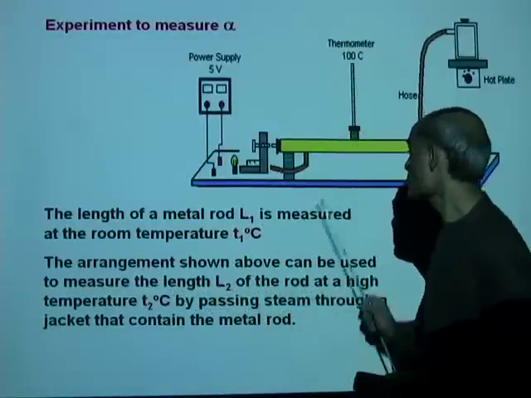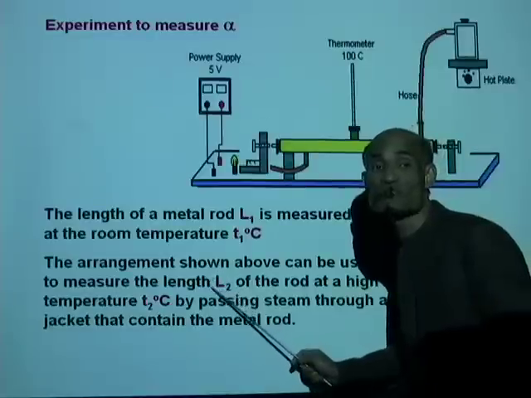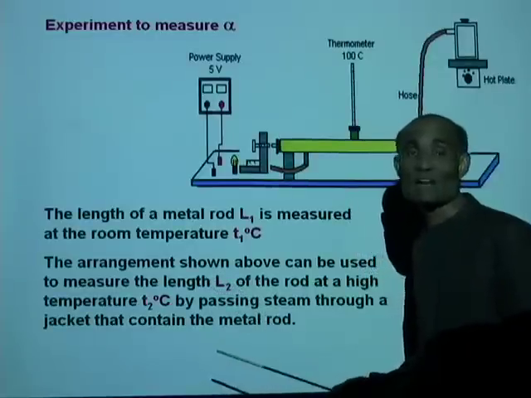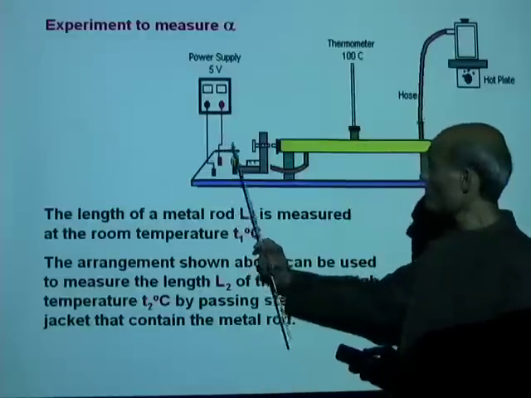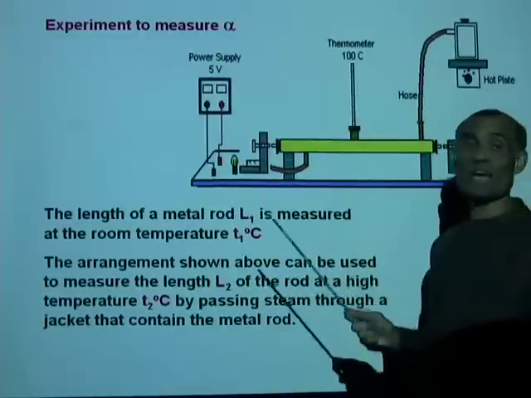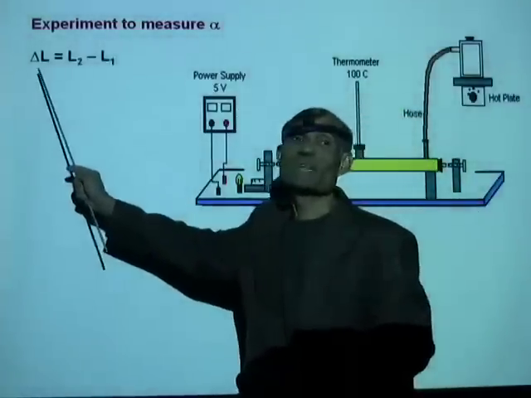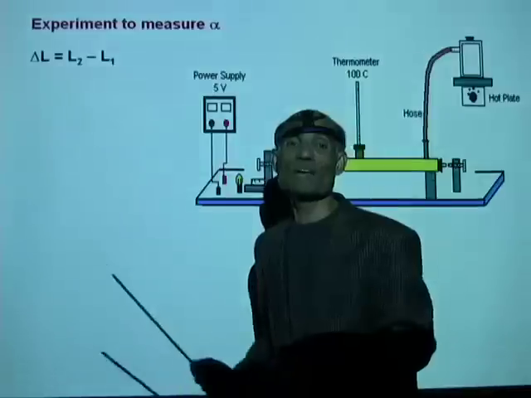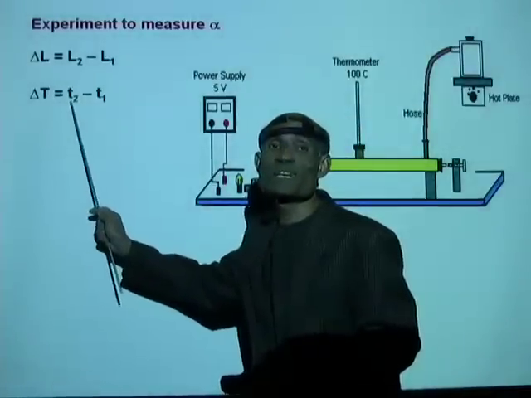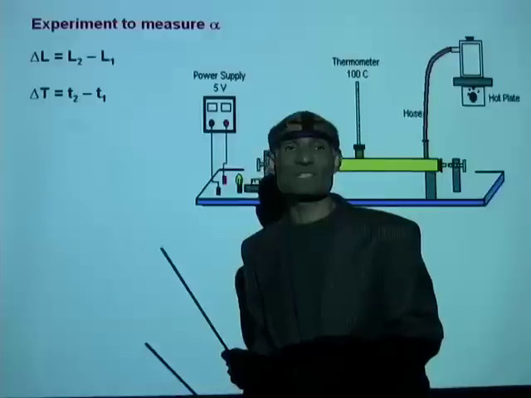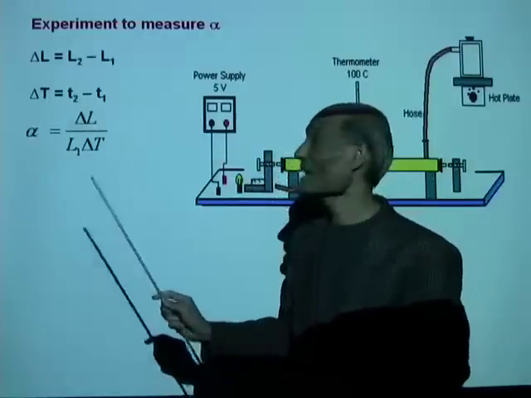And the arrangement shown here, we will use that to measure the length L2 at a temperature T2 after passing steam through the jacket. And once you have those measurements, we have delta L equal to L2 minus L1 and delta T equal to T2 minus T1, and that will be enough for us to make our calculation.